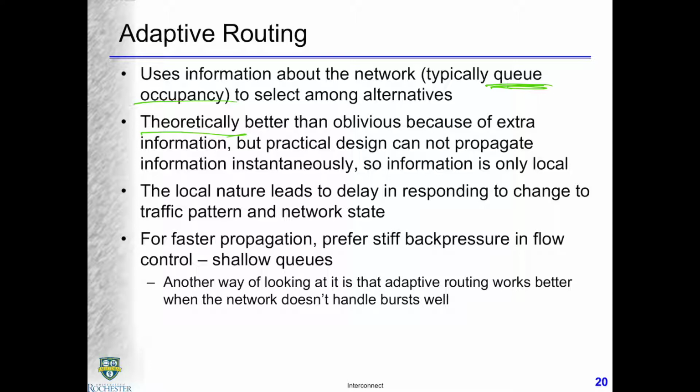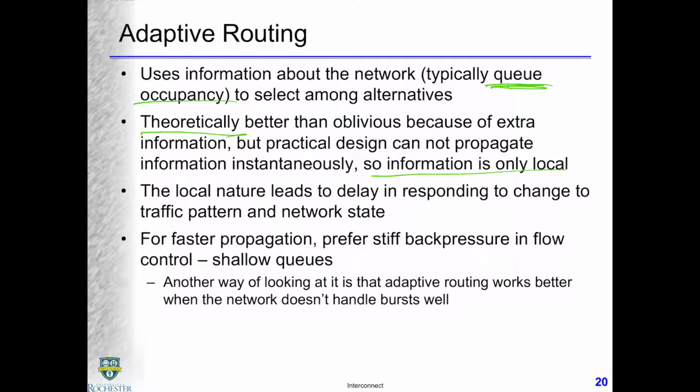So the information that you obtain doesn't propagate instantaneously to everyone, and it propagates slowly with a time delay. So in a sense, the information is only local. It's not global information, and that can lead to suboptimal decisions. Whatever seems good in the local sense may be actually bad in the global sense. And again, we'll give you an example in the next slide.